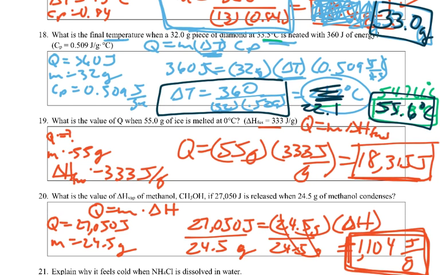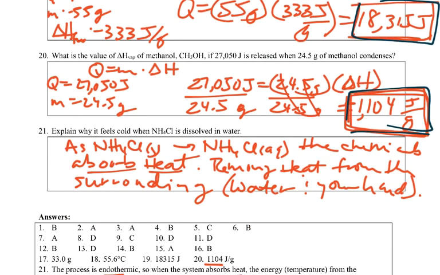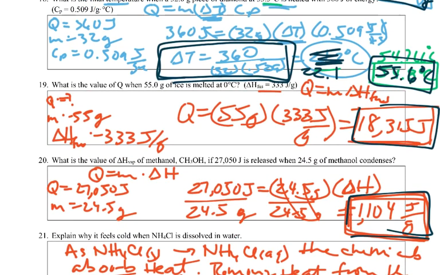So be careful with your math. My setup is good, my math is terrible. Luckily I got these other two correct, so I don't feel too bad. But be careful, I would have lost points on this test. So checking our answers, the answers are correct down here. Okay, that is the practice test.